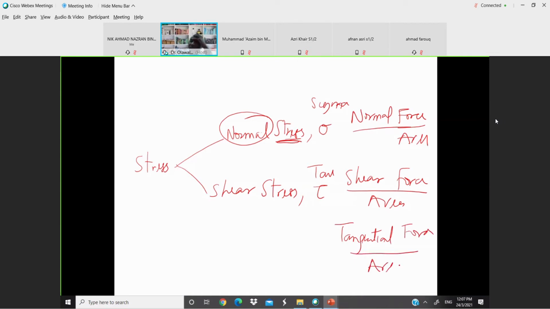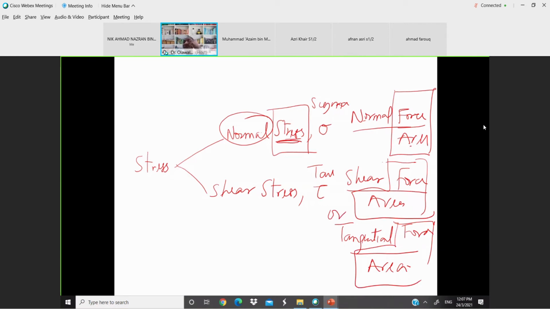So always remember, when you hear the word stress, it's always force over area. Normal stress is normal force over area, and shear stress is shear force, or tangential force, all over area.